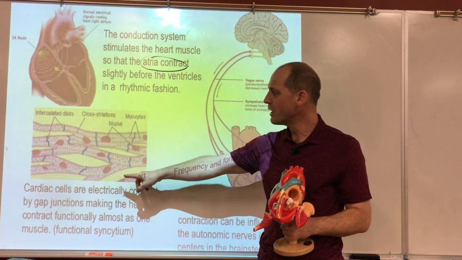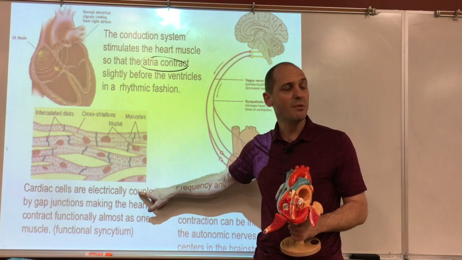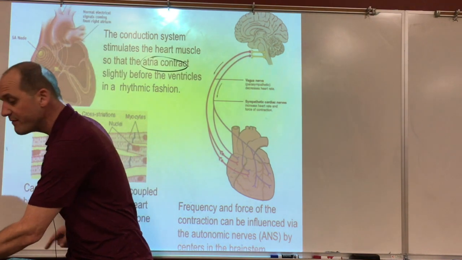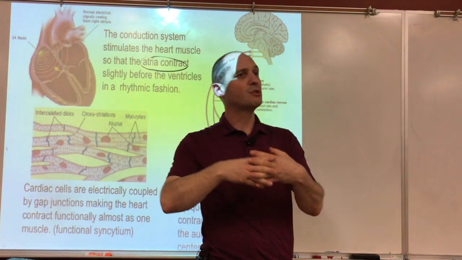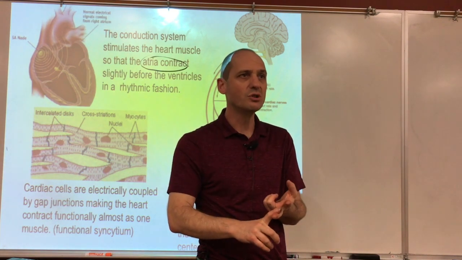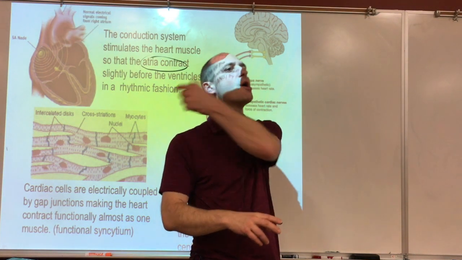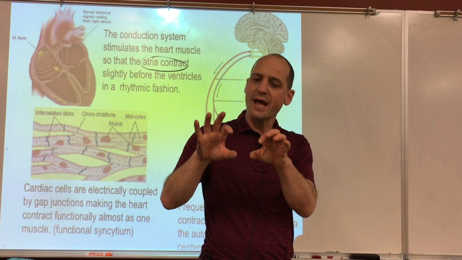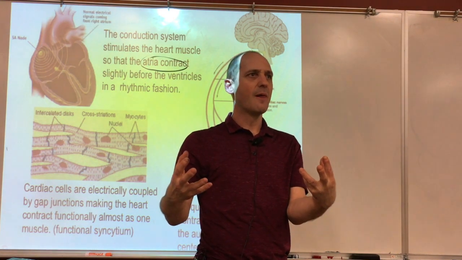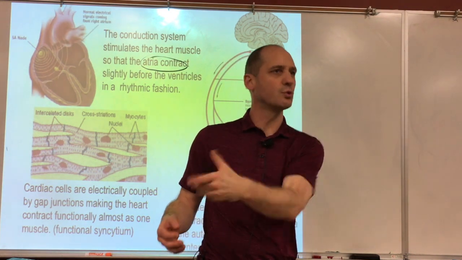The cardiac cells, it's not just one muscle, the whole heart. It is many muscles put together. And what they have are junctions. Remember when we talked about junctions in the epithelial tissue, the desmosomes and the tight junctions, the watertight ones, and then the gap junctions. And I said that's going to come up in heart muscle. The gap junctions are like little channels between one heart muscle cell and the next, and they let ions go through, so they let an impulse, a nerve impulse, go straight through them.